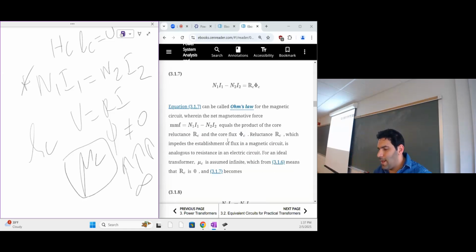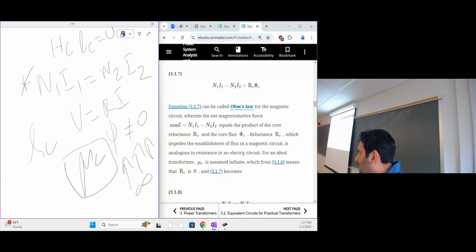So this difference could be defined as the magnetomotive force, MMF, which is N1I1 minus N2I2, and it's equal to the reluctance times the core flux. Okay? The reluctance here acts like a resistance. It's trying to impede the establishment of flux in the magnetic circuit. So the flux acts here like the current.